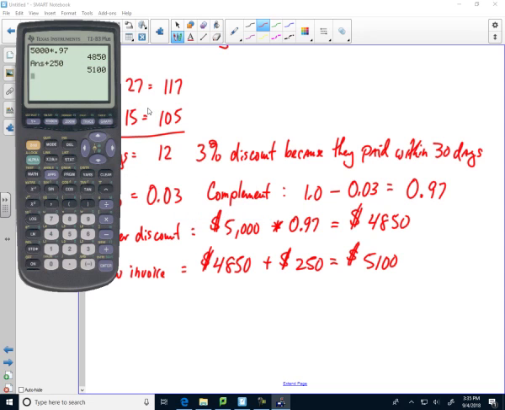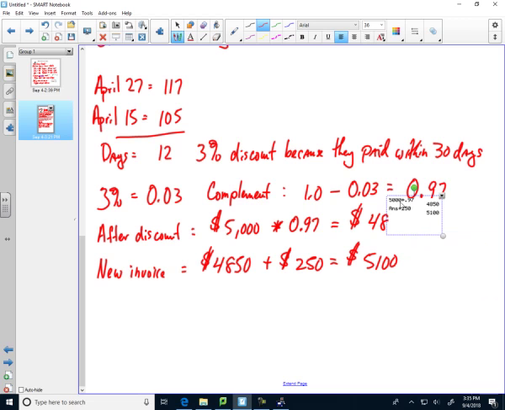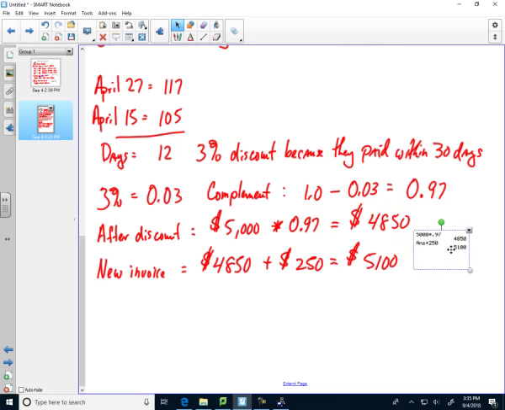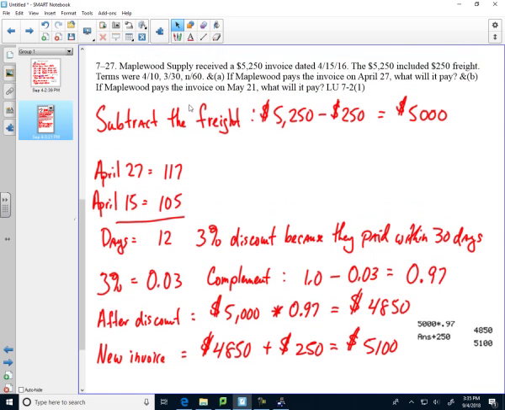Yeah, that's what we would write the check for, or Maplewood's gonna write the check for. So technically, all things considered, by paying before 30 days, we saved $150, or Maplewood did. Okay?